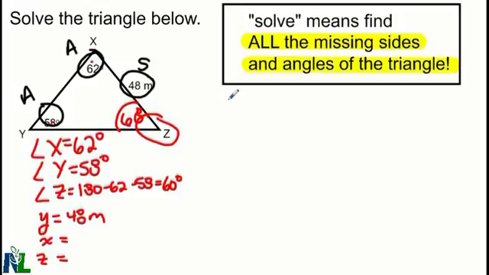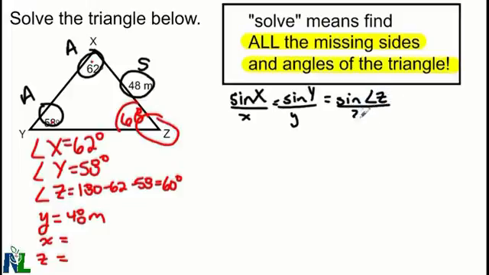If we fill our information into the formula for the law of sines, we have the sine of angle x over x equals the sine of angle y over y, which is also the sine of angle z over z.